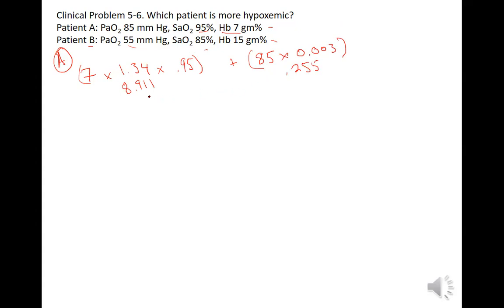If we add these two numbers together, I got 9.2 milliliters of oxygen per deciliter of blood. And this is low because it's below 16. So patient A has a low CaO2, most likely because of the anemia.